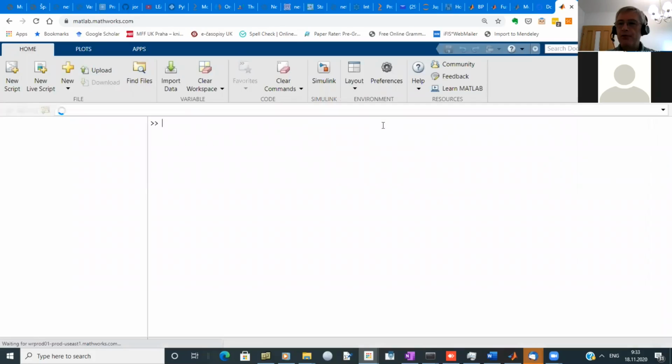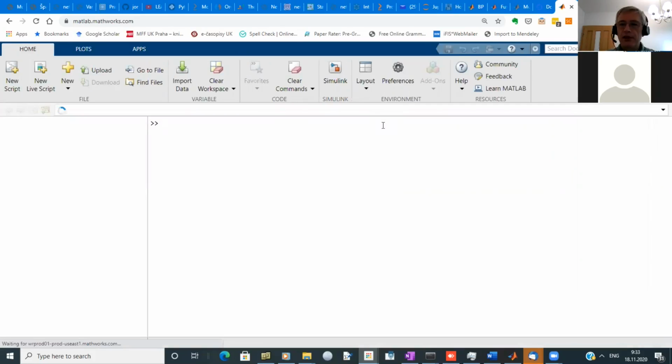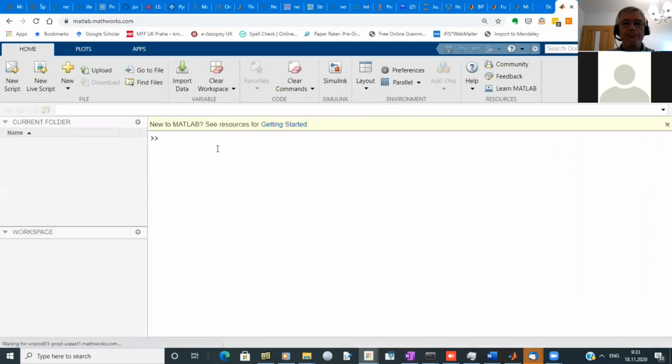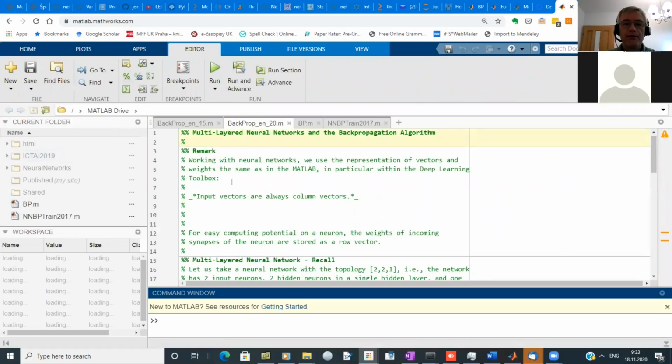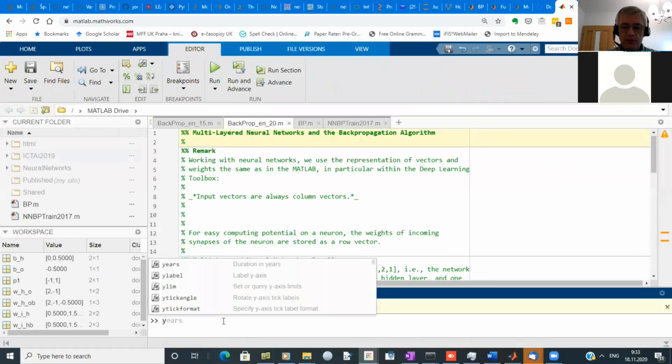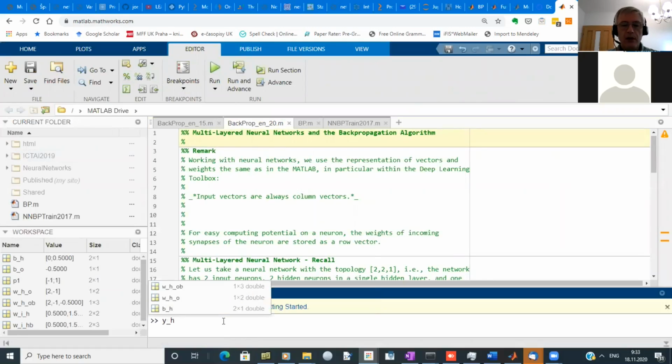So please compute output of all hidden neurons for the pattern P1. So let us denote the output from the hidden layer y_h.